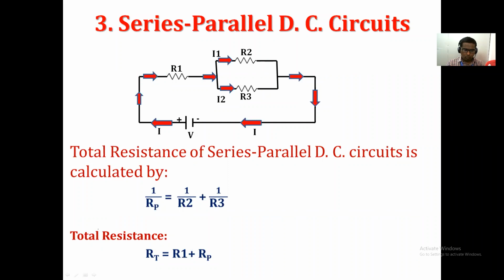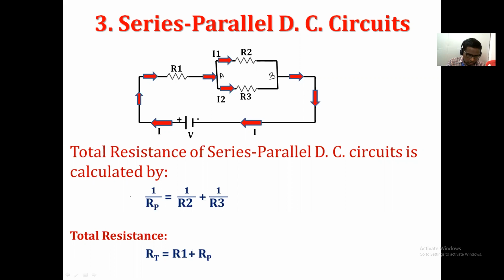We have the formula: 1 upon Rp is equal to 1 upon R2 plus 1 upon R3. But my question is, these are two common points, say point A and point B. In between which two common points are R2 and R3 connected in parallel? The answer is in between point A and B.